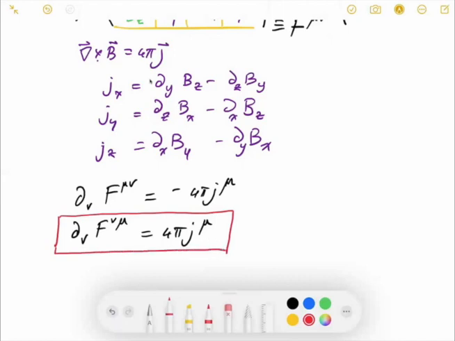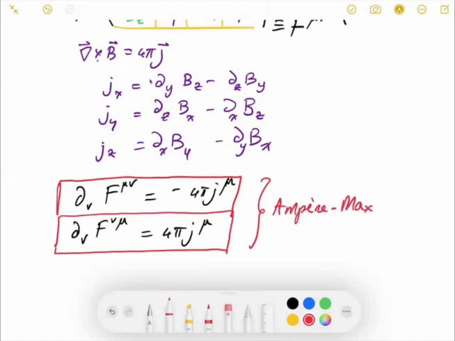So this is what we get for Maxwell. So this is now Ampere, Maxwell, Gauss. But now no longer involving the potentials, and also no longer limited to the Lorentz gauge.